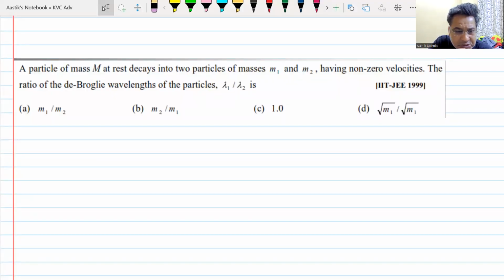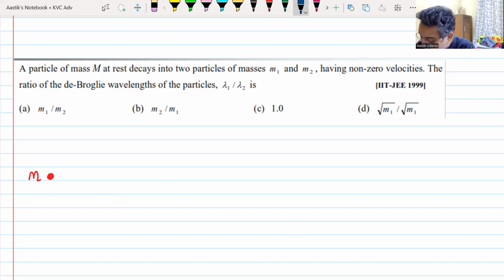Option C, 1. How did you get option C? Sir, I have taken M1 V1 plus M2 V2 equals to 0. If this is your mass, this capital M mass was at rest, it decays into 2.